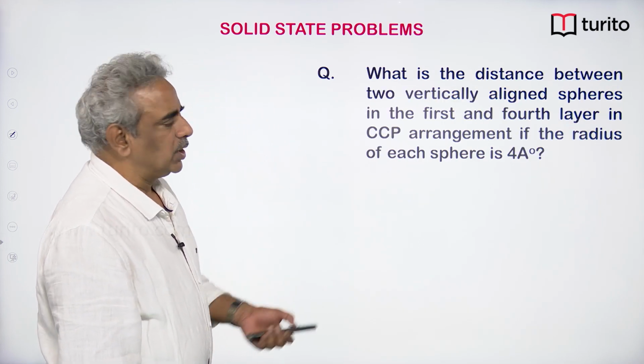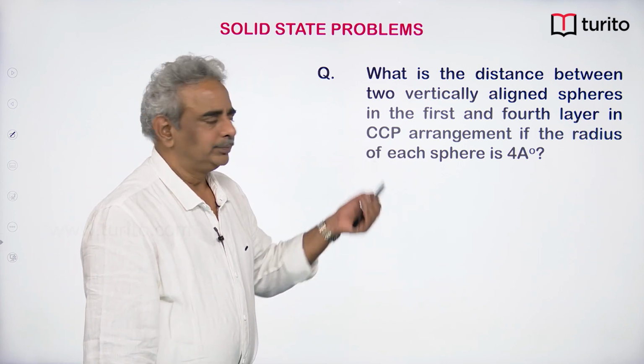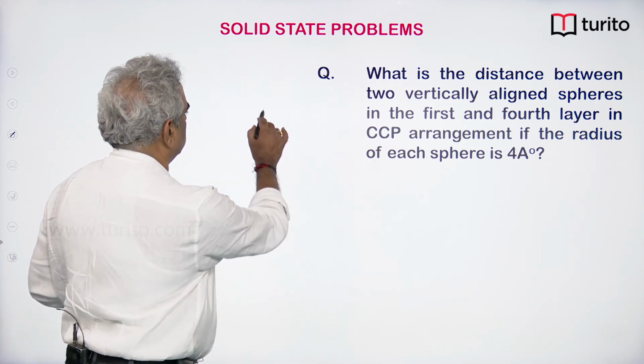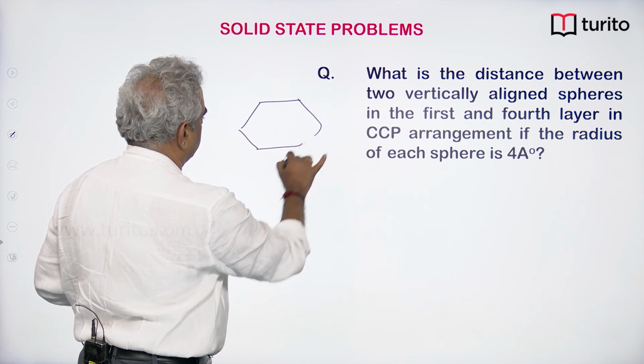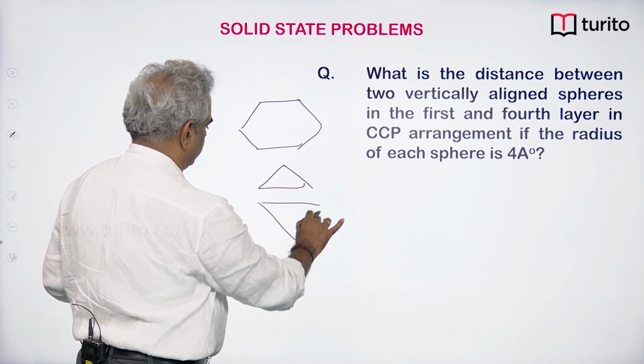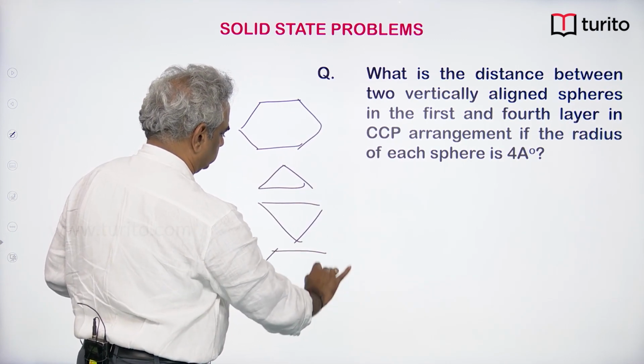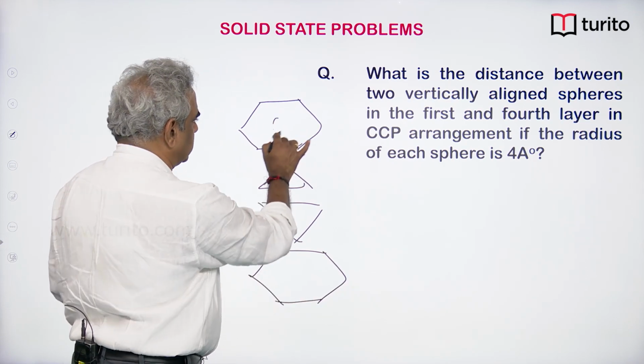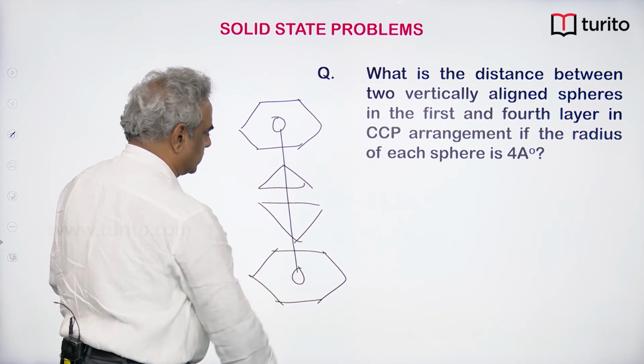What is the distance between two vertically aligned spheres? This you should always keep in mind, ABC, ABC. This is ABC, ABC. From this and this, what is the distance?